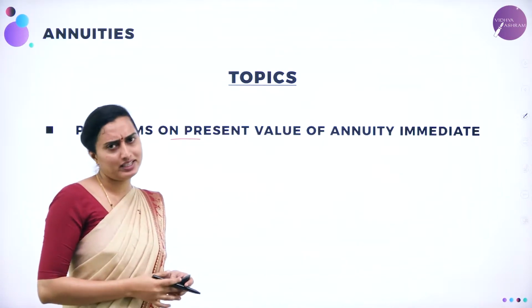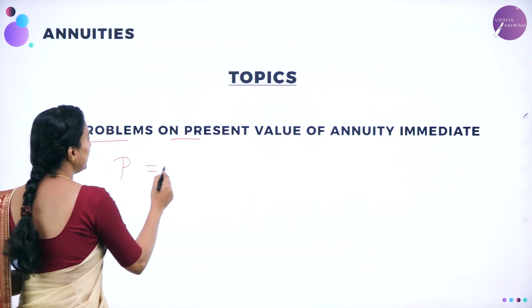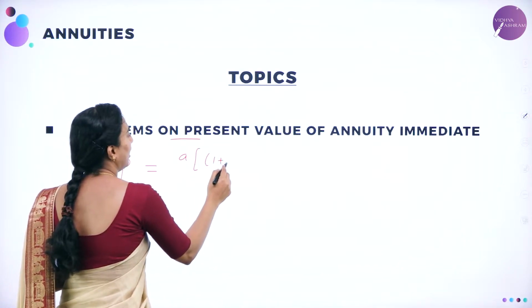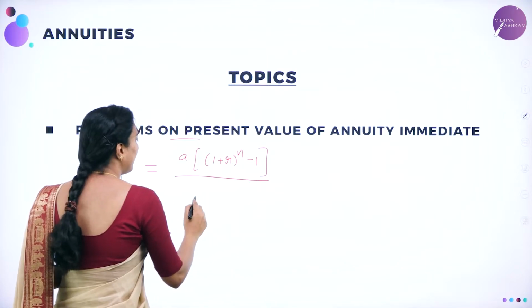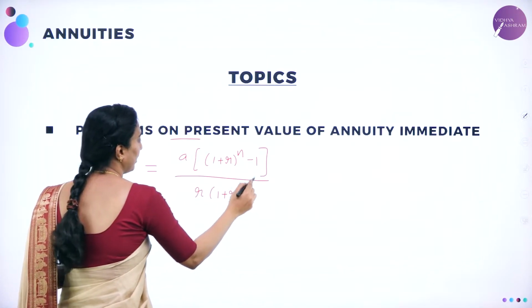So what is the formula, dear students? Present value, denoted by P, is equal to A into 1 plus R whole to the power of n minus 1 divided by R into 1 plus R to the power of n.